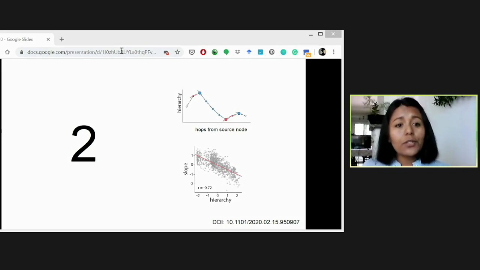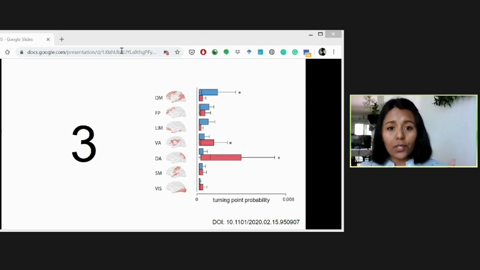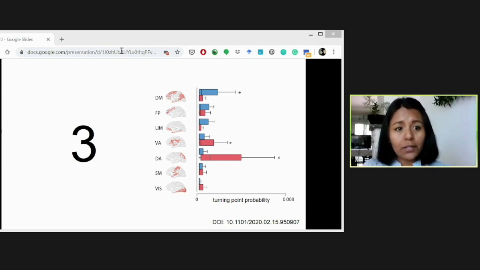Second, the average slope and the hierarchical position of a node are negatively correlated. So, the transmodal nodes direct information to lower hierarchies, and the unimodal nodes direct information to higher hierarchies. Third, the cortical hierarchy shapes the communication paths, even redirecting the slope. This means that the default mode network appears to be most likely to send information to areas lower in the hierarchy, while the dorsal attention and ventral attention are sending information to areas higher in the hierarchy.